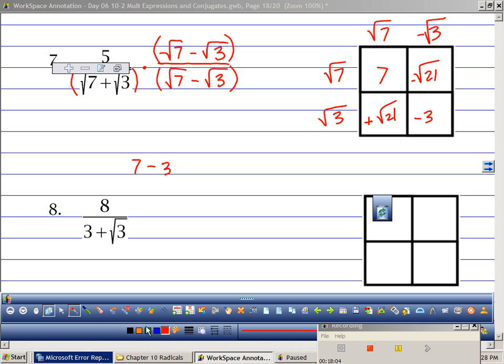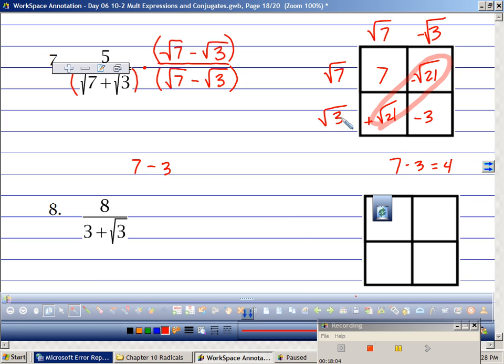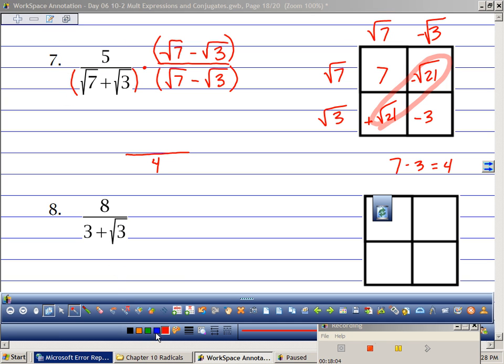These cancel out, and I get 7 minus 3 equals 4. Turn around, please. So the last thing I need to do is distribute, correct?